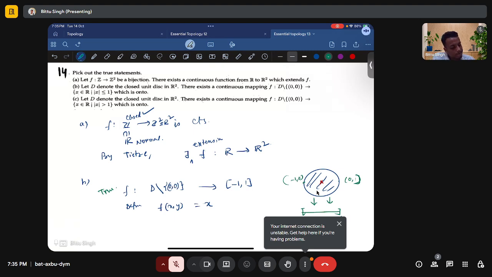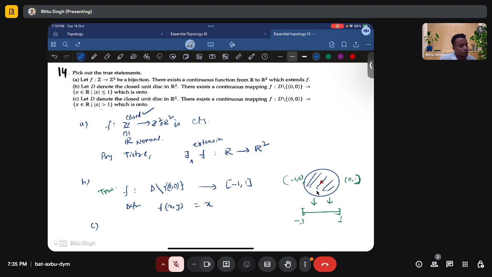This is a continuous function. Projection is always continuous. What about C? Disk minus (0,0) to mod x greater than 1. So f maps the disk minus (0,0) to mod x greater than 1, which means minus infinity to minus 1 union 1 to infinity.